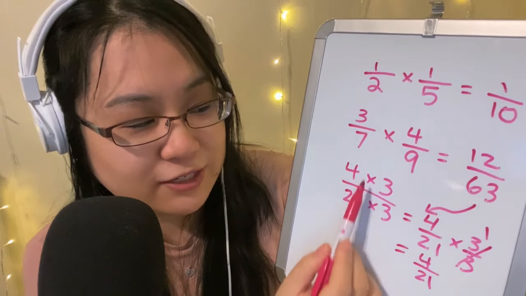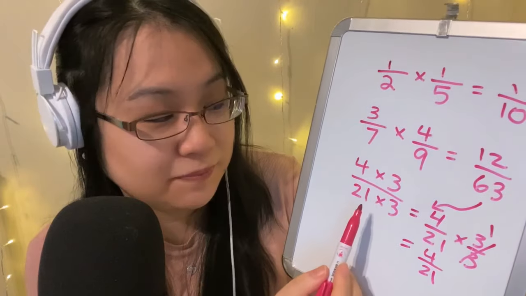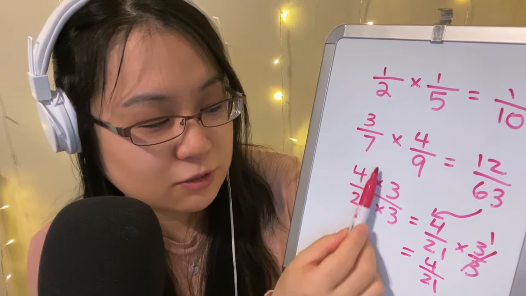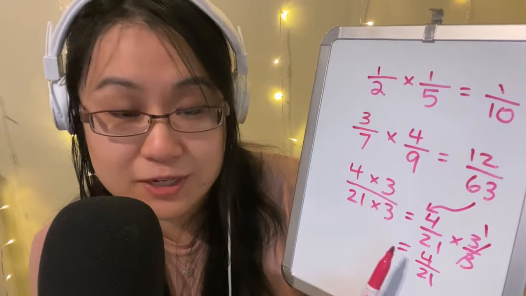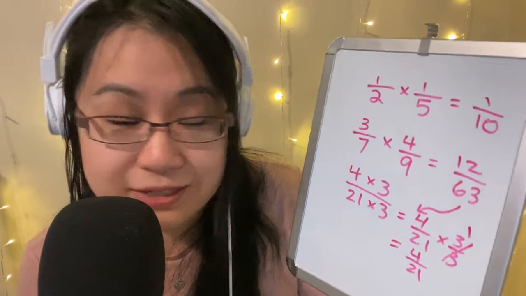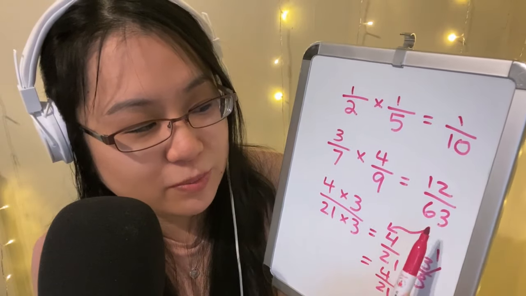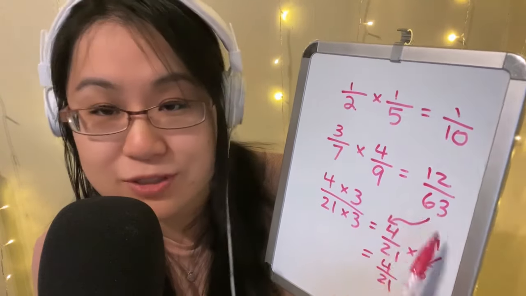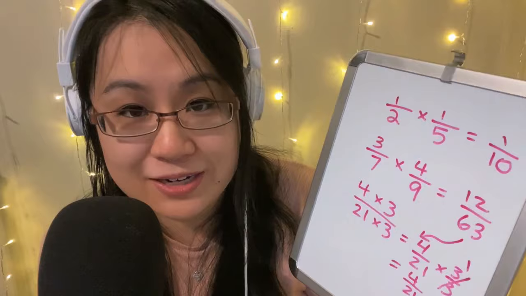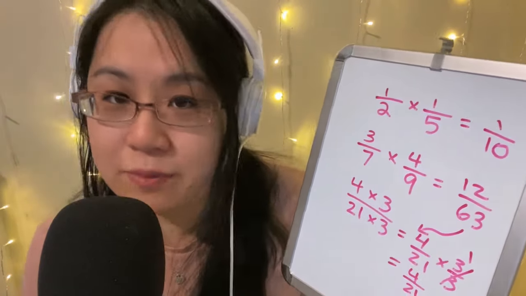So if I have this, I can split it back out. I can split out the 3 over 3 into 1 to get something equivalent. Or you could just look at this and say, oh, 3 goes into both the top and the bottom. So boop, 4, boop, 21. And as you get more practice, you'll be able to do that a bit quicker.